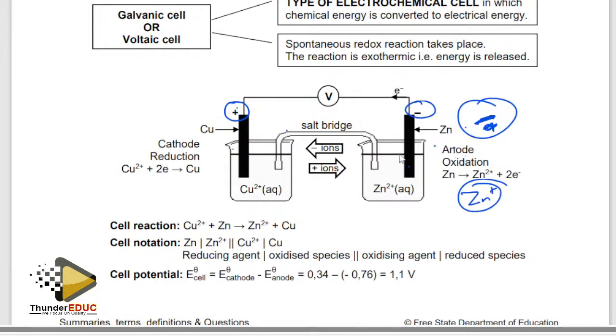Now this one is supposed to be positive, but because it is positive, it attracts the electrons, so electrons come to this side, so now it becomes more negative, yet it's supposed to be positive. You see? So what do we do with the salt bridge? Because this is supposed to be negative, it brings the nitrate ions so that it keeps this more negative, so that even if the electrons go, it remains negative.